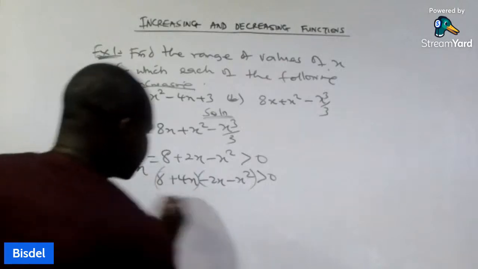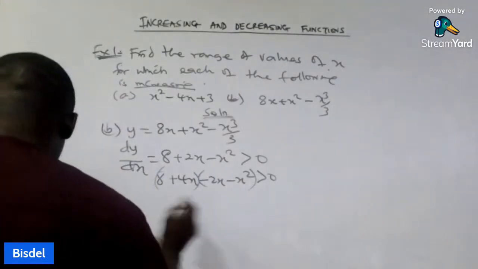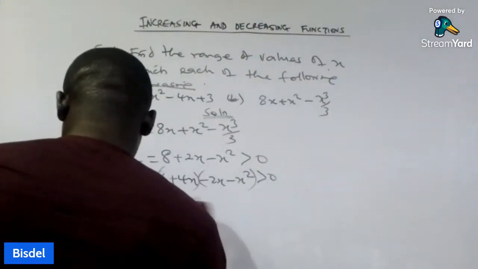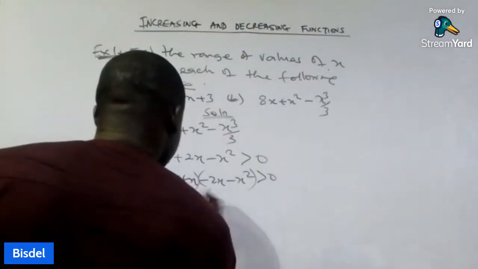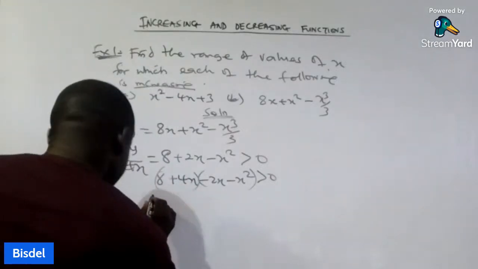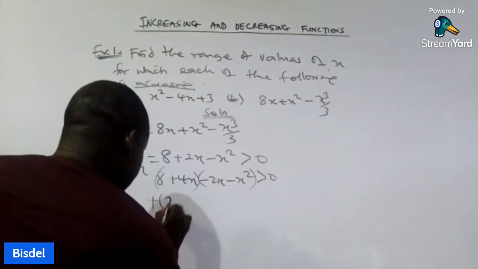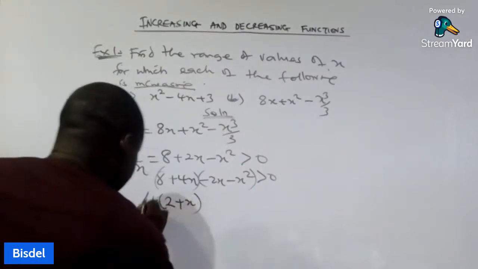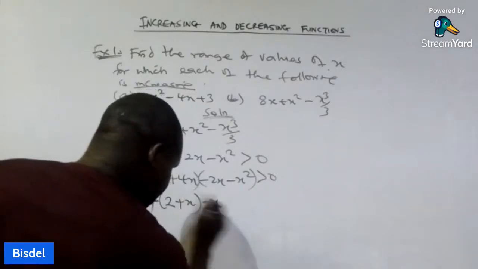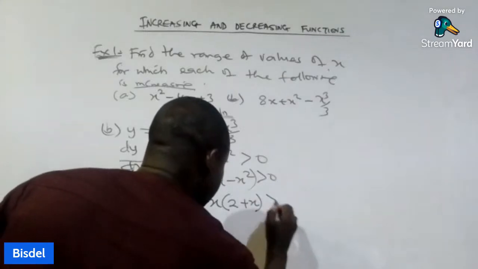What is common in the first one? If I bring out 4 here, I'm going to have 2 plus x. Then here, if I bring out minus x, I'm going to have 2 plus x also, greater than 0.